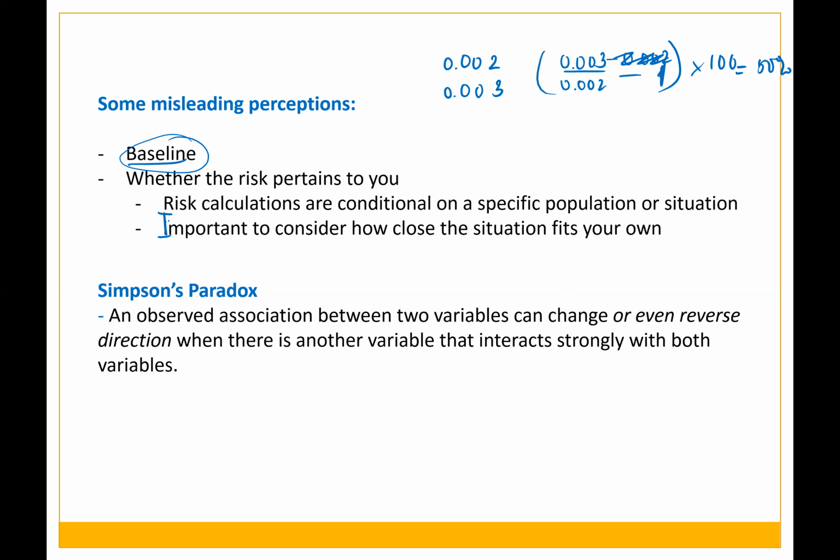So it's really different, and the risk that they calculated might not pertain to you because it might just be applicable to athletes or professional players instead of a regular high school player, where the chance of being in contact or getting hurt during the sport is really low.